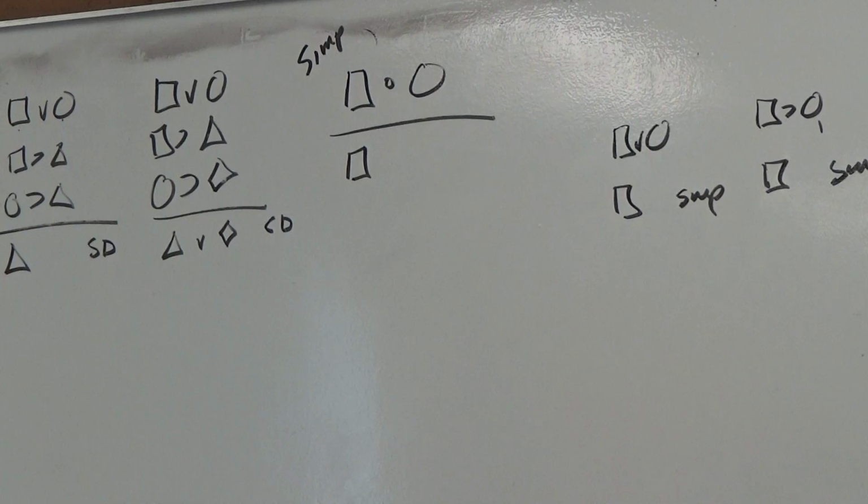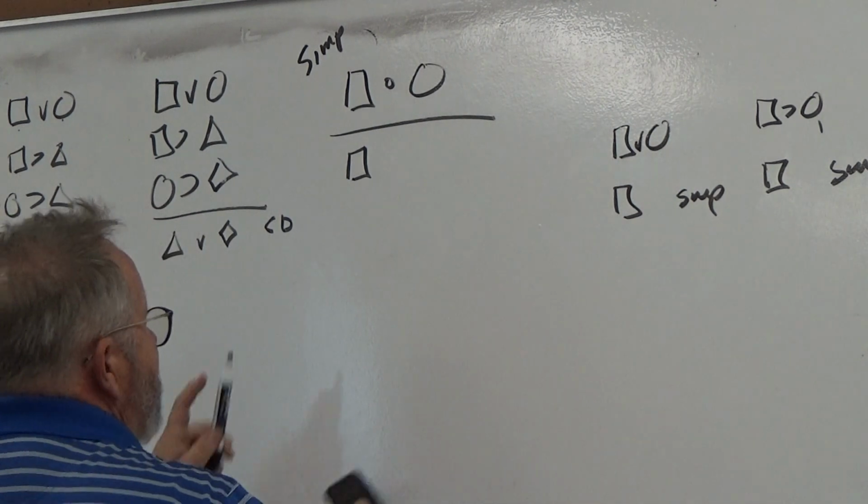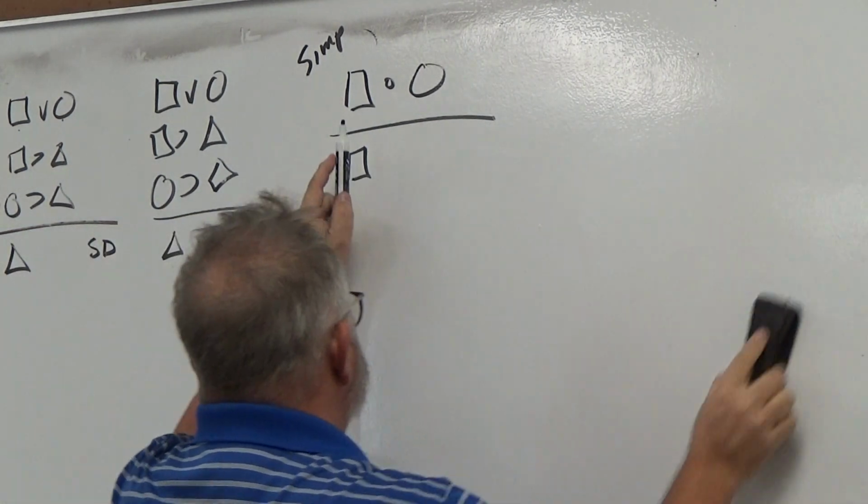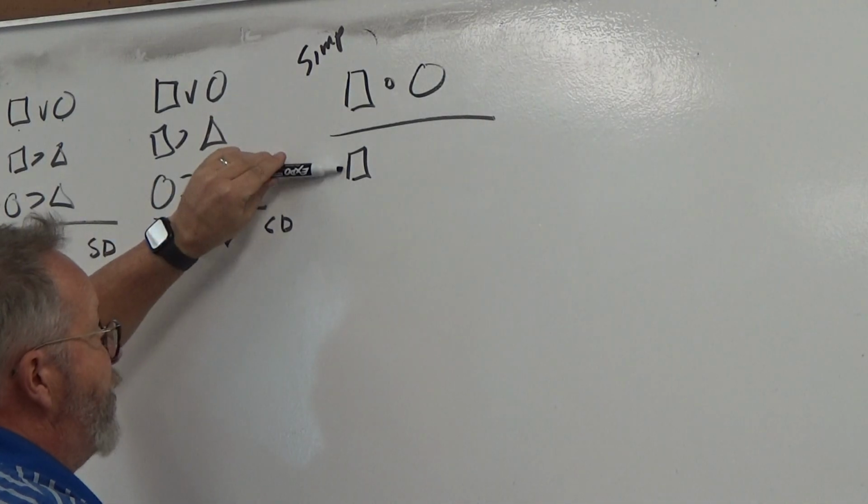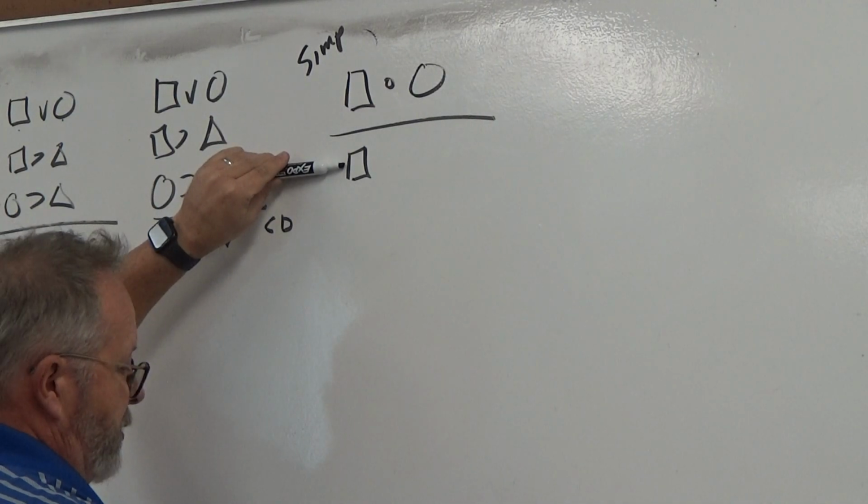Okay, when you look on those sheets, don't pay attention to just the patterns of the antecedents, consequents, or whatnot. You have to look at the operator, okay? If it's not the same operator, you can't use it, okay? And notice that on simplification, I get the first conjunct.